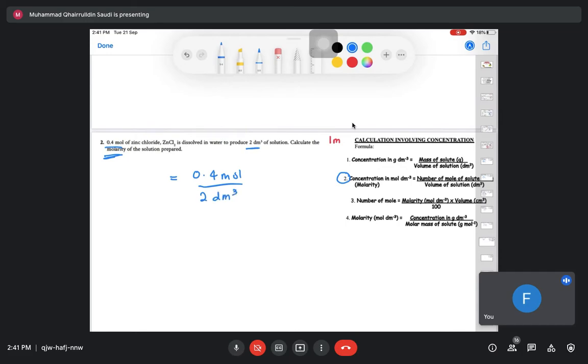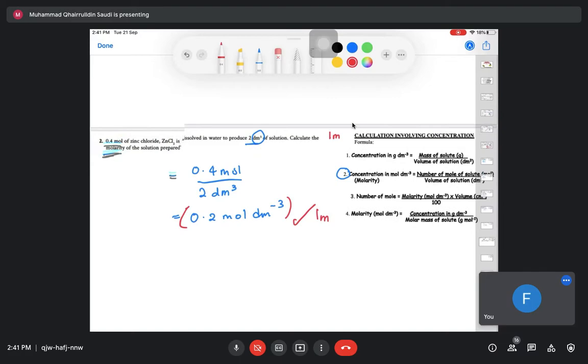We don't have to divide it by 1000 because it is already in decimeter cube. Okay, so terus press calculator. You get 0.2 mole per dm cube. Make sure you have the correct unit. Then 1 mark. Proceed.